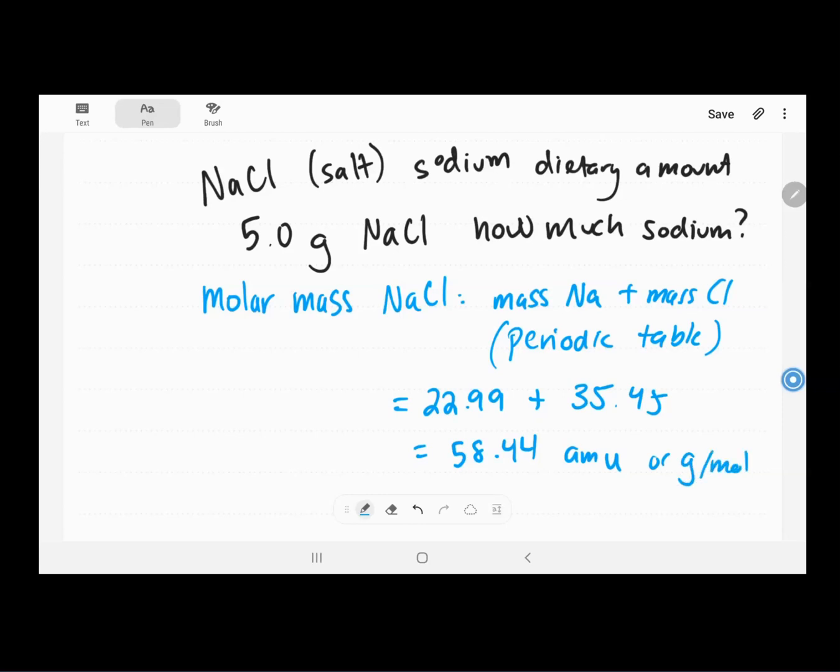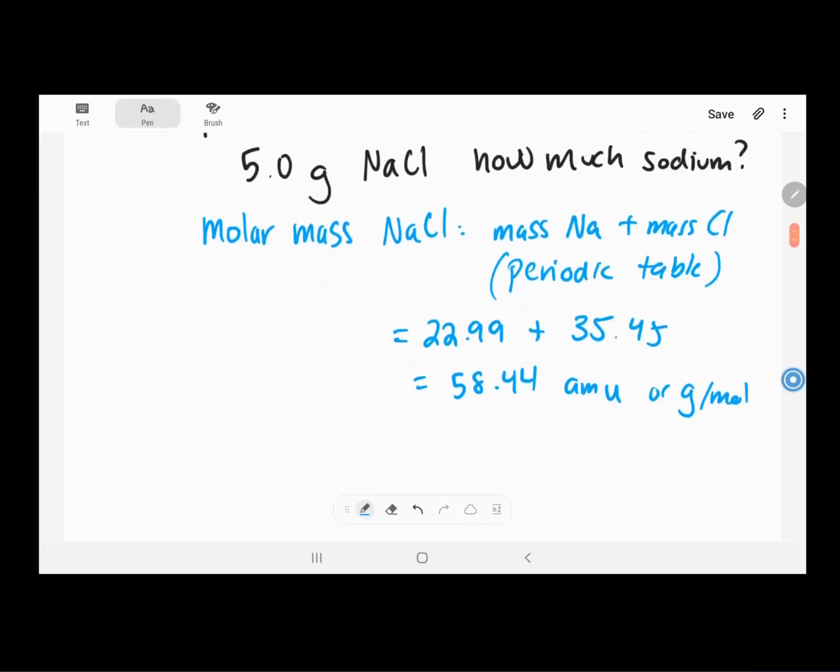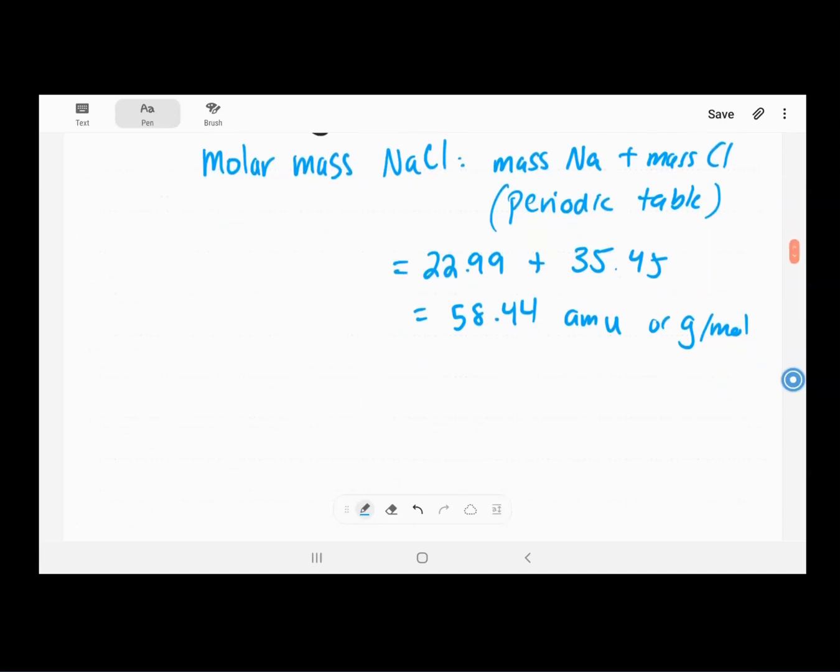Since we want to figure out how much sodium, let's see what percentage the sodium is of the entire molar mass. So if we want to see how much sodium we've got, we're going to do the mass of Na over the mass of NaCl.